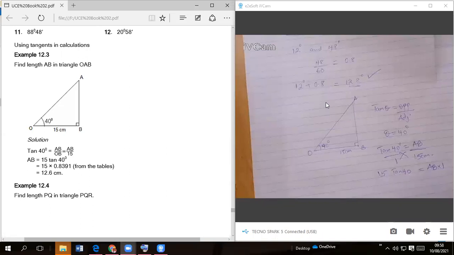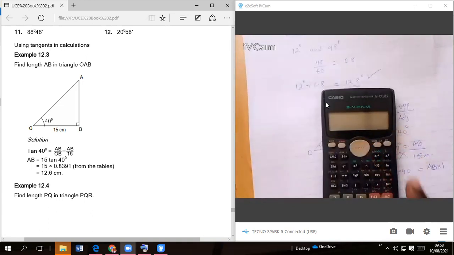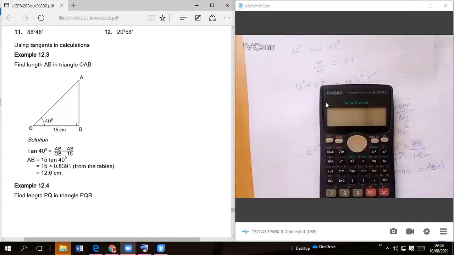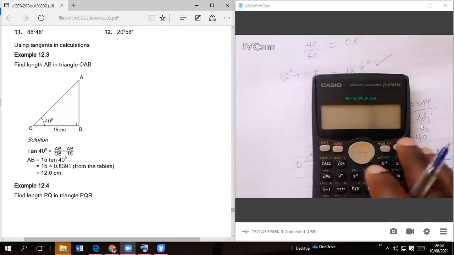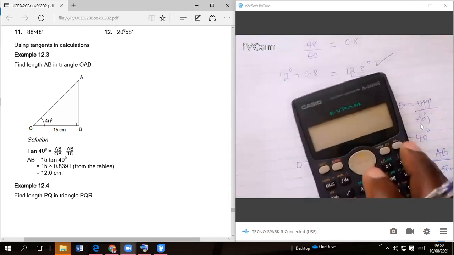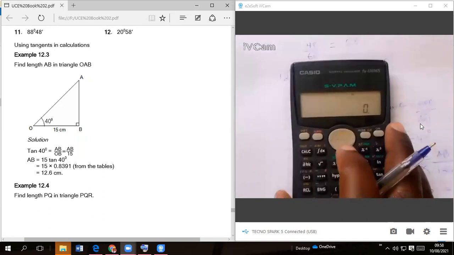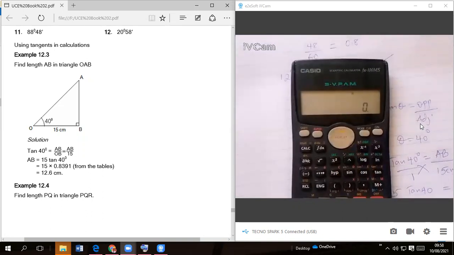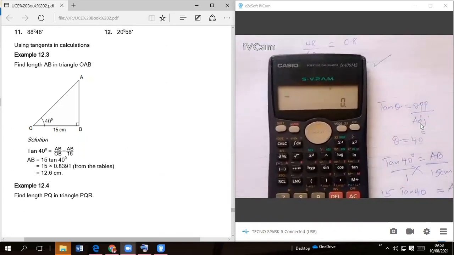So you go to your calculator. After pressing the calculator and it's not getting on, all right, we are back. So you go to your calculator. We want to get 15 tan 40.